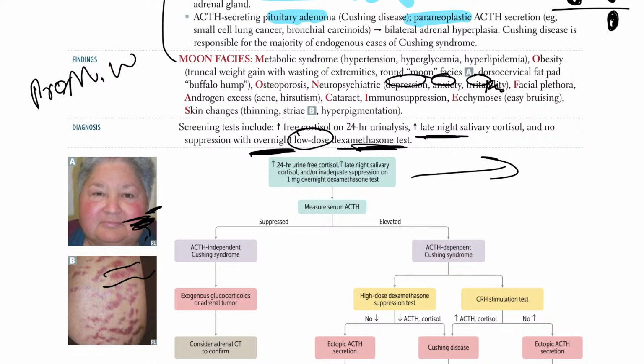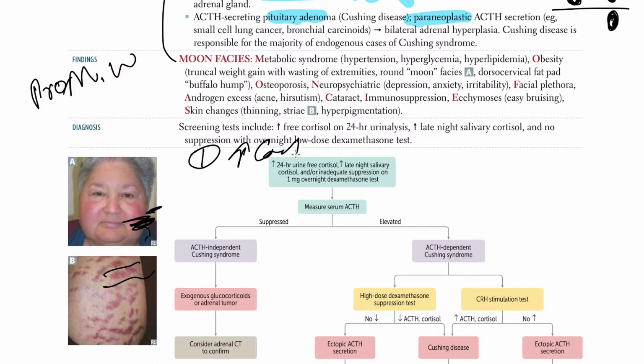So let's read this here. What do we have? First of all, what do we have to establish? That there is increased cortisol, right? To establish we have increased cortisol, we either do 24 hours urine free cortisol, or we check the late night salivary cortisol.